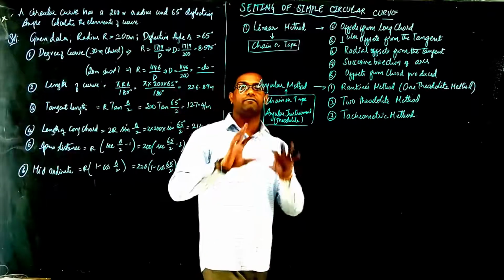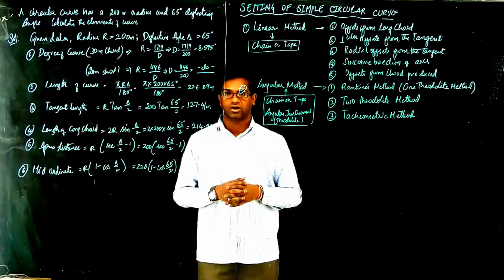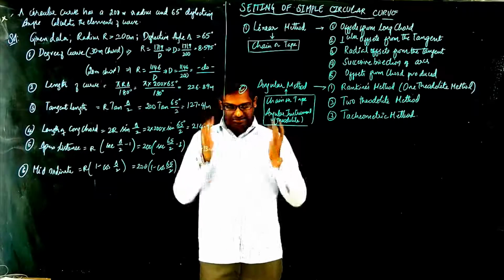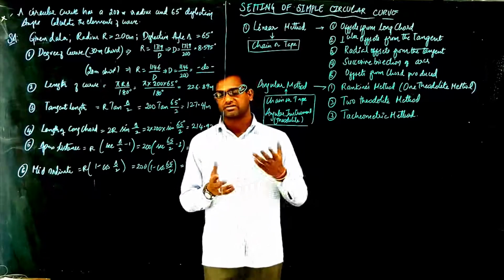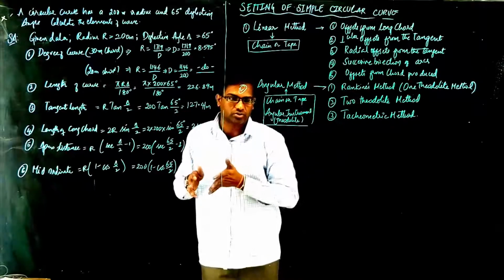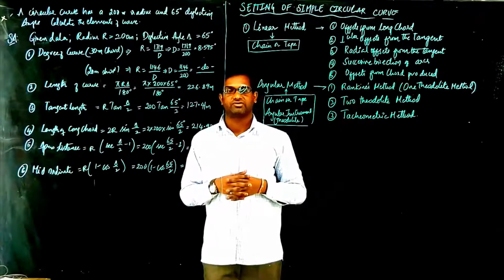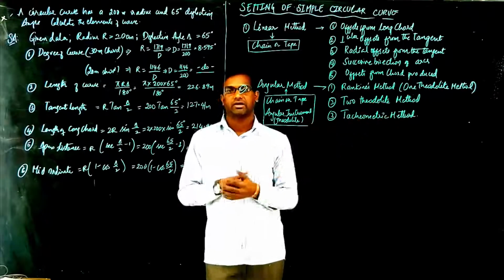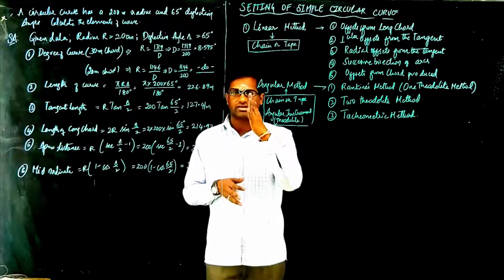So when you have a curve, we need to mark that on the ground, whether it is a simple curve, a compound curve, or a transition curve. You need to mark that on the ground so that the earthwork can be done based upon your curve alignment. Plotting on a straight line is very easy.